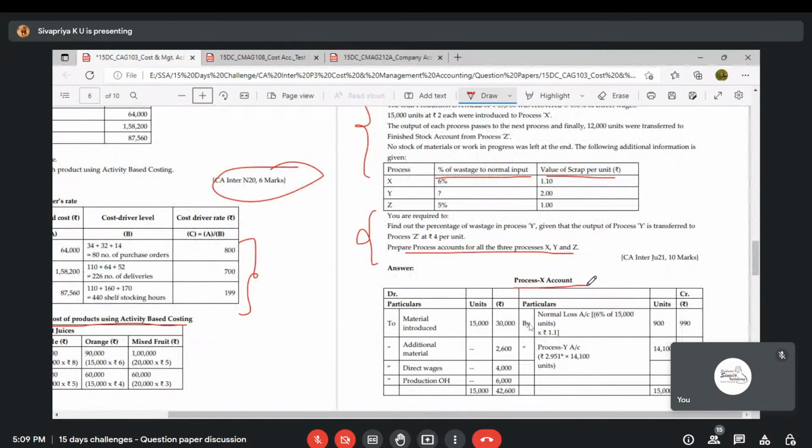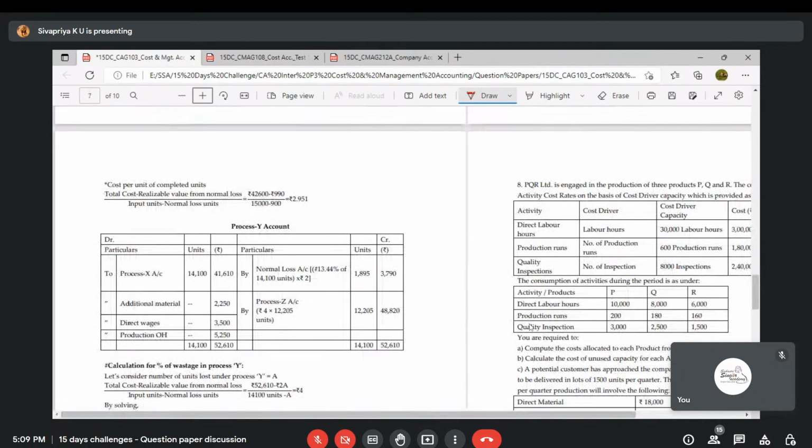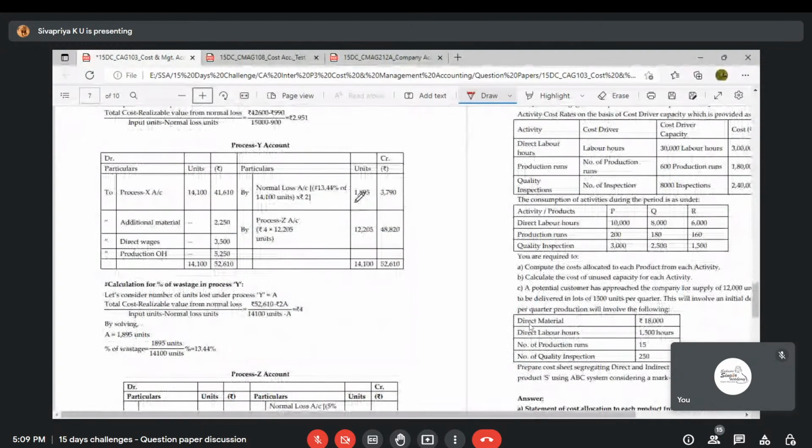You open Process X account, Process Y account and Process Z account. On the debit side, we put the normal expenses, then you have the normal loss, and the balance goes to the next process. Similarly, in Process Y account, on the debit side first the input from Process X and other additional expenses, and you have normal loss and in the balance to Z account, right?